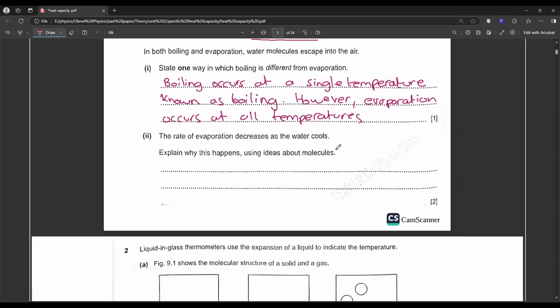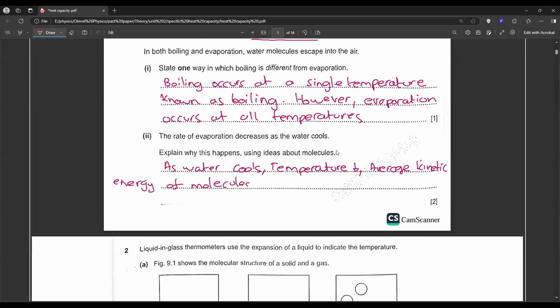The rate of evaporation decreases as the water cools. Explain why this happens using ideas about molecules. So, as water cools, what happens? Temperature decreases, and as temperature decreases, the average kinetic energy of molecules decreases.